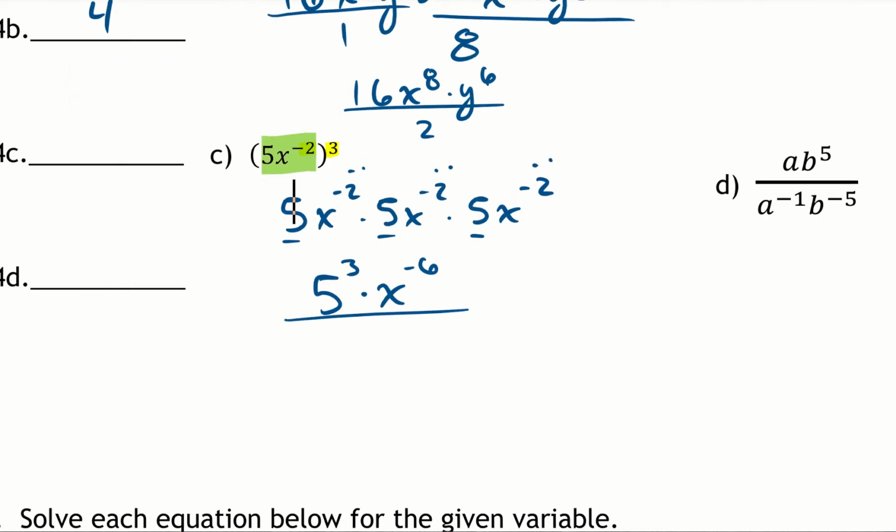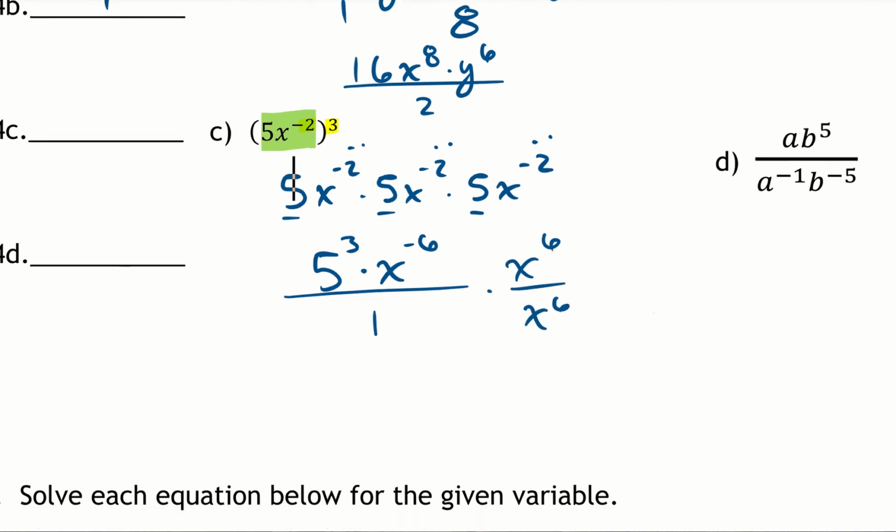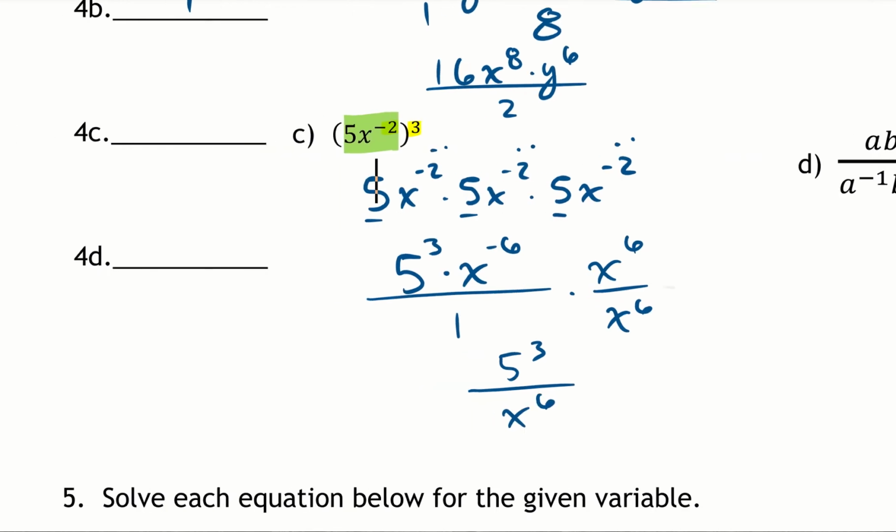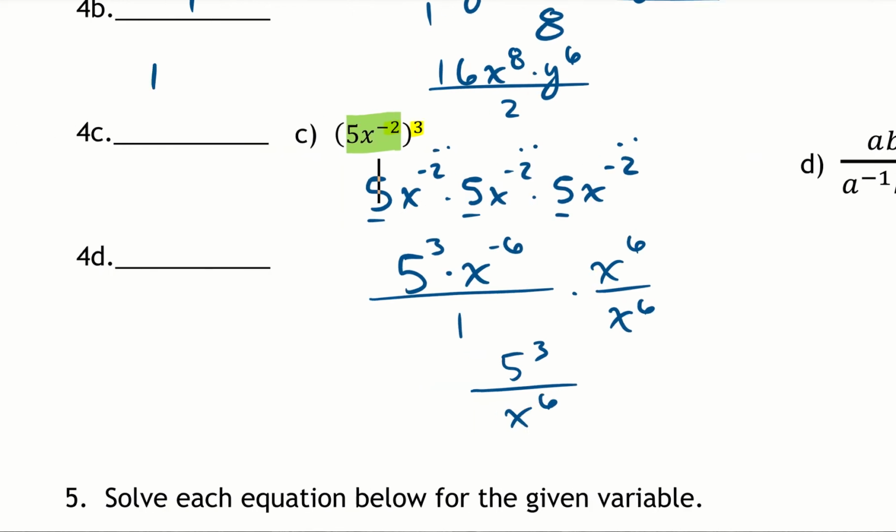So I'm going to clear this x to the negative 6 business by multiplying by a 1. In the numerator now I just have 5 cubed, and in the denominator I have x to the 6th power. You can leave it like that. 5 cubed is 125, so if you wrote 125 over x to the 6th, that's great. Or I would have taken 5 to the 3rd over x to the 6th also.